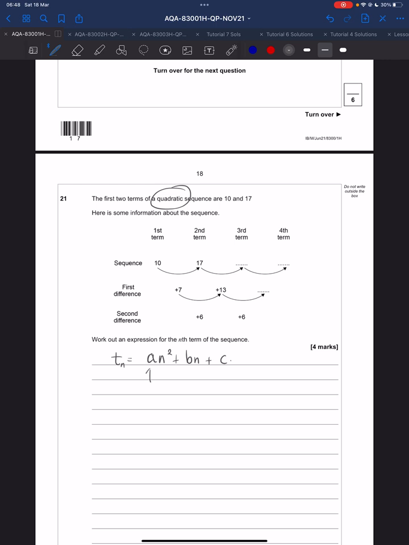Now a is half the second difference, so a is half of 6, which is 3.